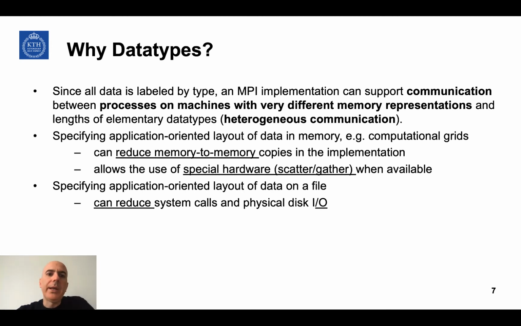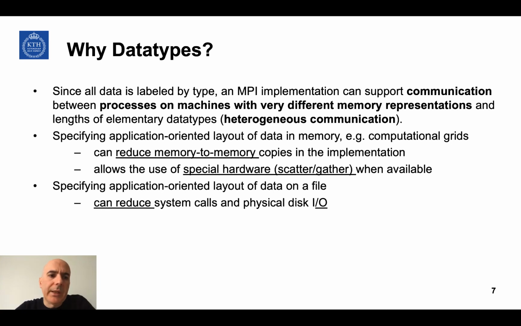So MPI solves this problem by defining data types that might have a different size on the two different machines. By using MPI int, we know that on a certain machine MPI int will be 2 bytes long, and on another machine it will be 4 bytes long, right? So data types are very important to solve the problem of heterogeneous communication.